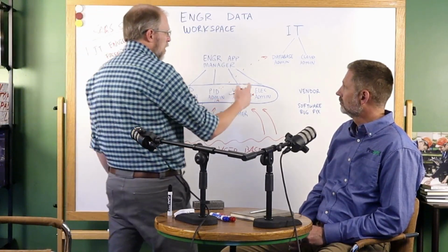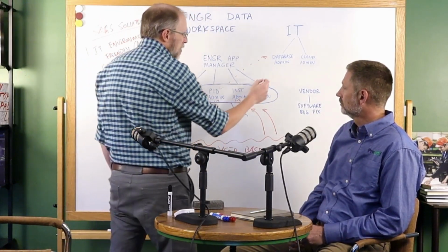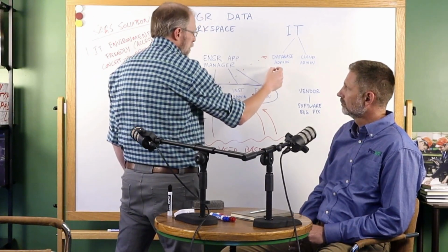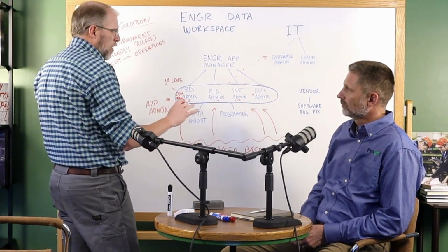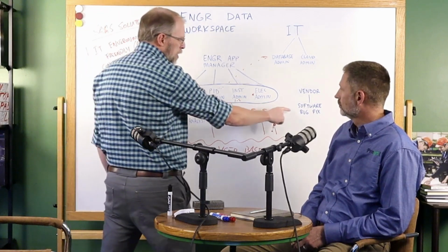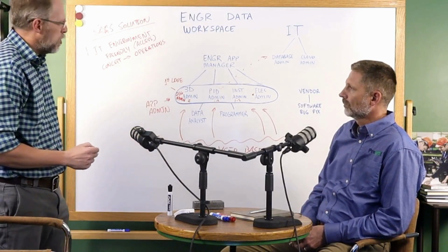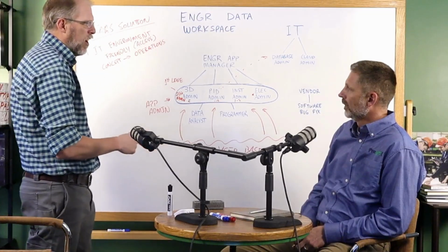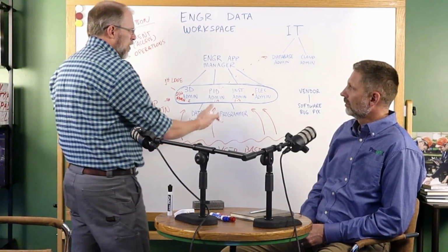That could be an IT in the cloud issue. Maybe he doesn't have the right access that he needs from a cloud perspective. Maybe there's a problem inside of the database that's causing that issue. Or it could be a vendor problem. Maybe there is a bug in the software. Right? But the user is just going to say, I can't generate my red line, or I can't generate my one line. Right. They're not going to know all of that other stuff.